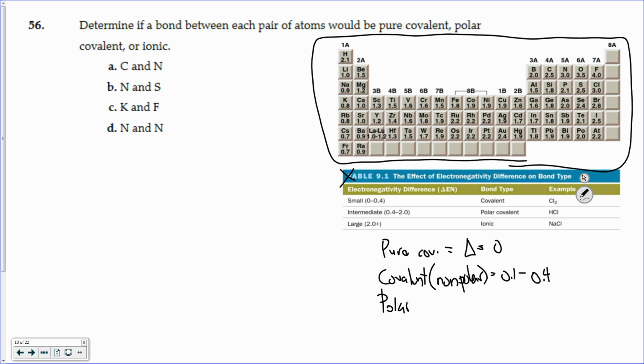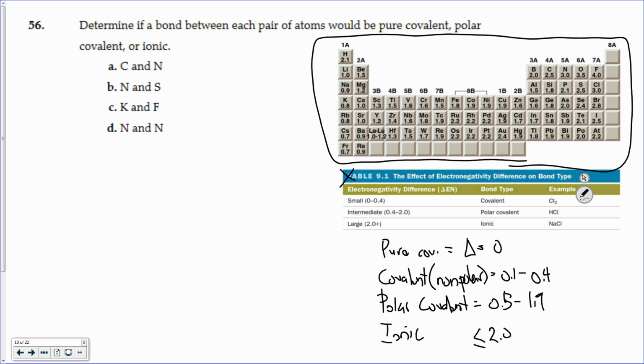Polar covalent would be 0.5 to 1.9, and then finally ionic is going to be where you have things that are a difference of 2 or greater. Okay? All right, so you just simply look at the electronegativities and figure out where you are.